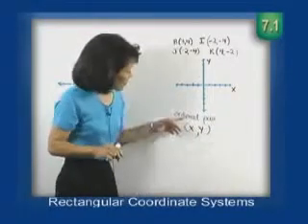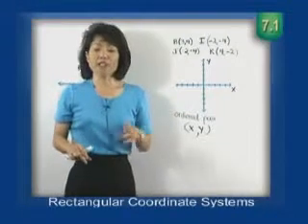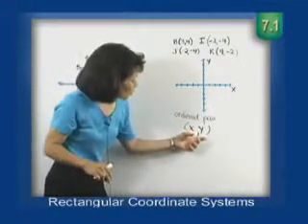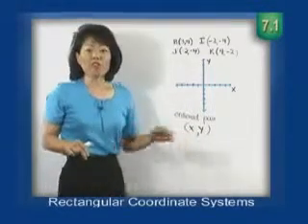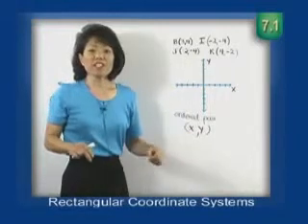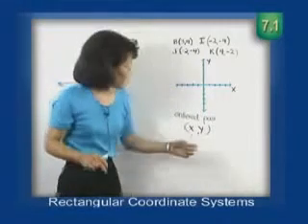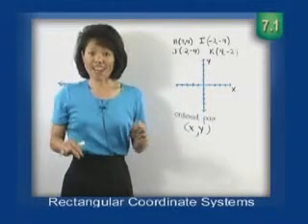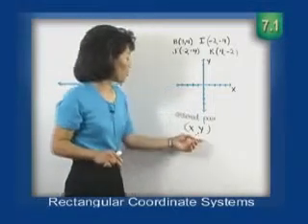The reason it's called an ordered pair is because order matters. Whenever you look at an ordered pair, you can always assume that the first entry is the value of the x, and the second entry is always the value of the y. It'll never be given as y comma x, always x comma y. And that's our ordered pair.